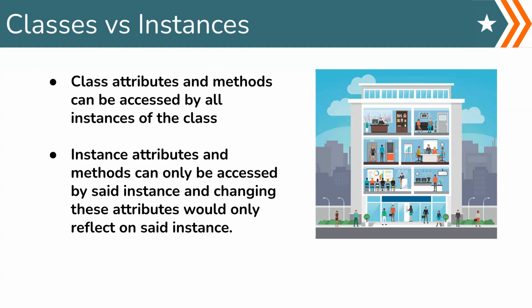So that's something that belongs to the class and not the instance. And then instance attributes and methods can only be accessed by the instance. That's your personal job stuff: your whiteboard, your computer, the things that belong to you, the functionalities that you do and the job that you apply. That belongs to the instance. It's unique to yourself and it does not affect the class itself. It only affects the instance.